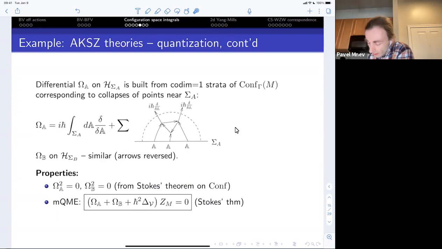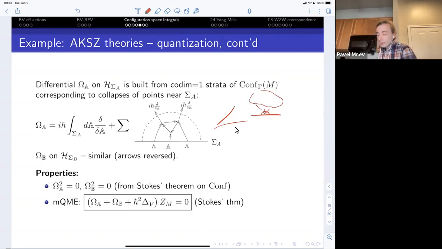So this is a picture for the case of the A boundary. We have some collection of points collapsing near the boundary. This is a zoomed in picture where we're thinking of a bunch of points collapsing near the boundary. And this arises from some subgraph of a Feynman graph collapsing near the boundary.